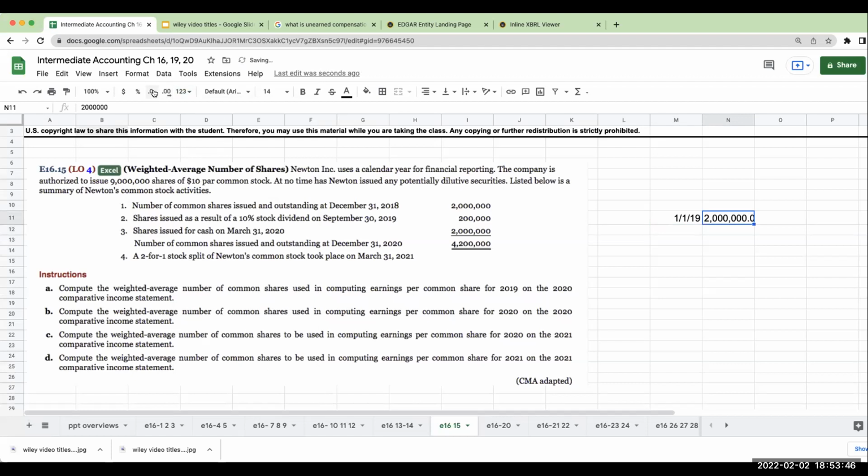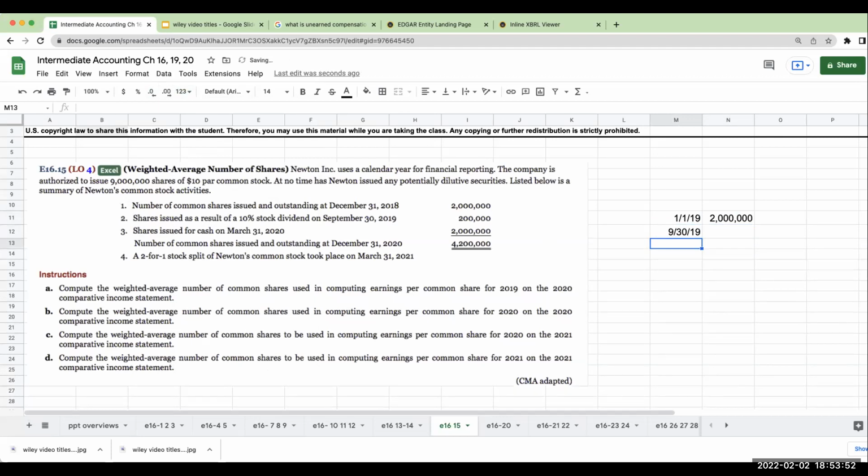Now, there's a 10% stock dividend being issued on September 30th. What I would want to do in the back of my mind is say this was outstanding for 12/12, or the full year, and this was outstanding for 3/12, from October 1st through December 31st.